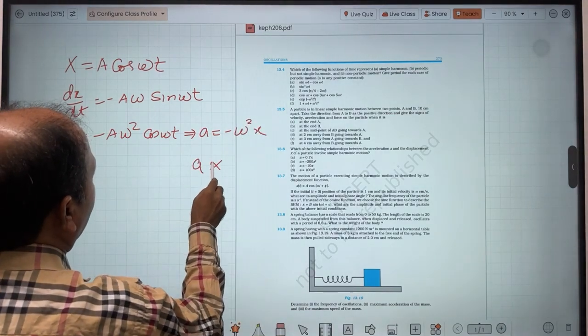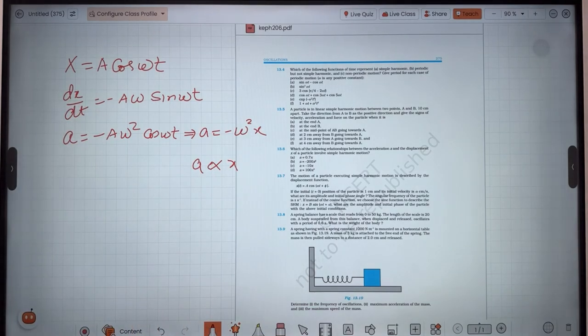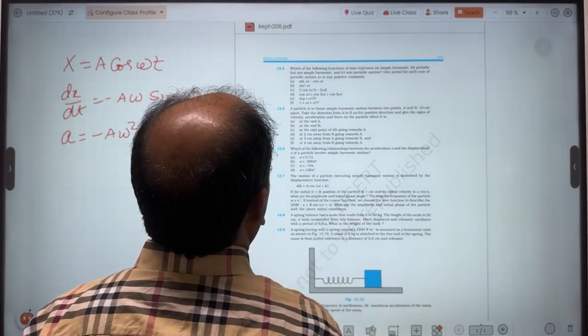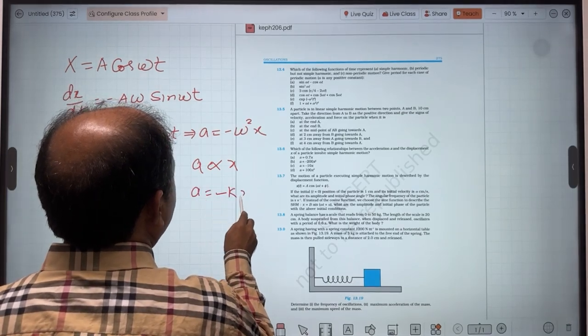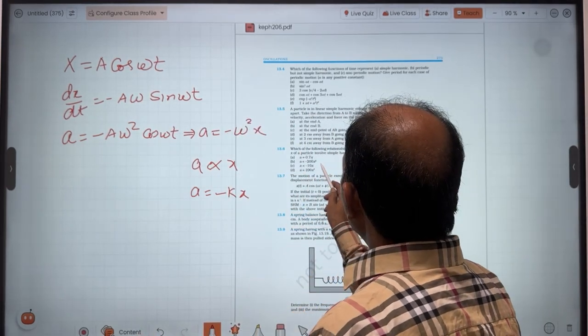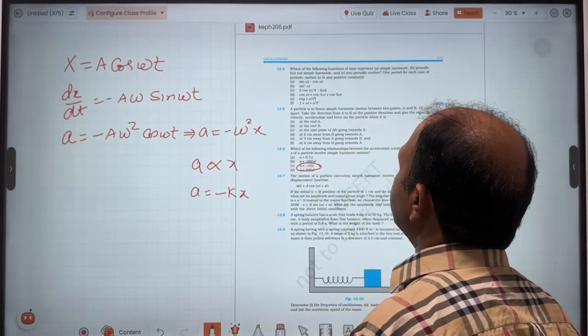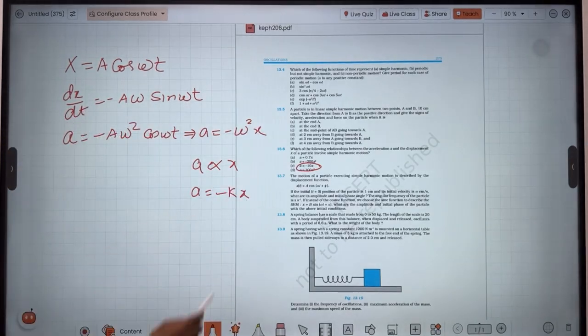So what do we observe? A proportional to x, right? So here in our question, if we here put a constant a equal to minus kx. So this situation is satisfied in this case, in case of C, where a is given as minus 10x. So here k will have value 10, right? So this is the case. Let's go to next question.